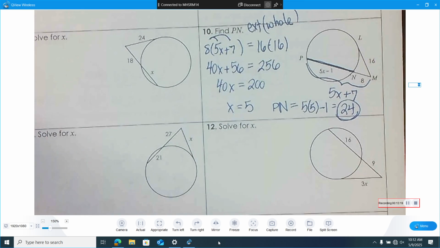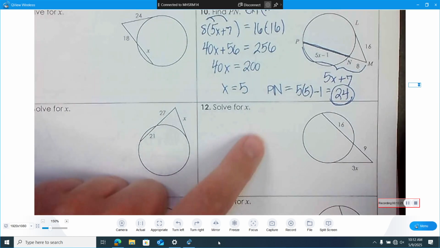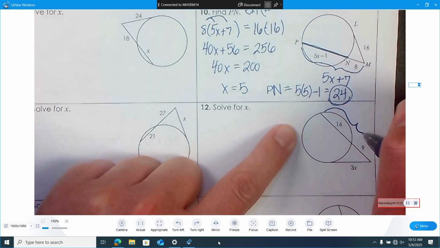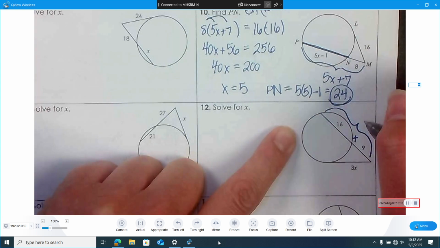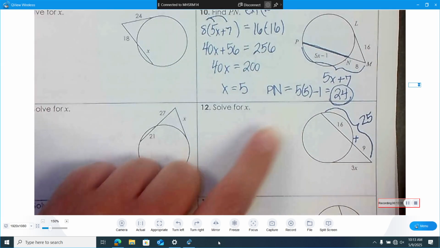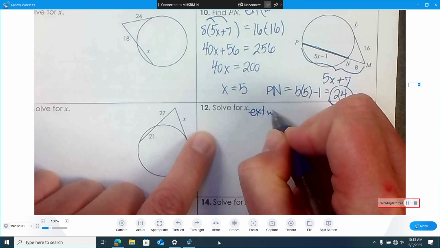Let's look at number 12. All right. What is the whole here? 25. 16 plus 9 is 25. So same thing. This is just exterior times whole.